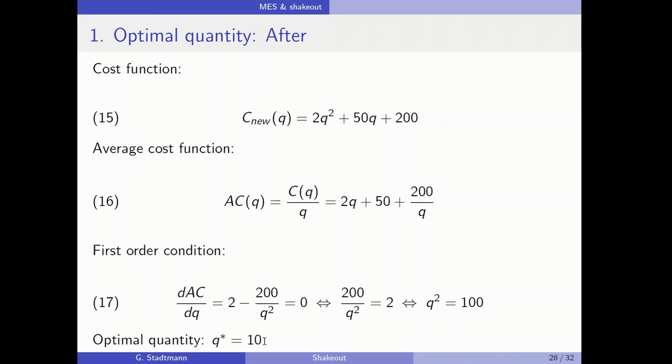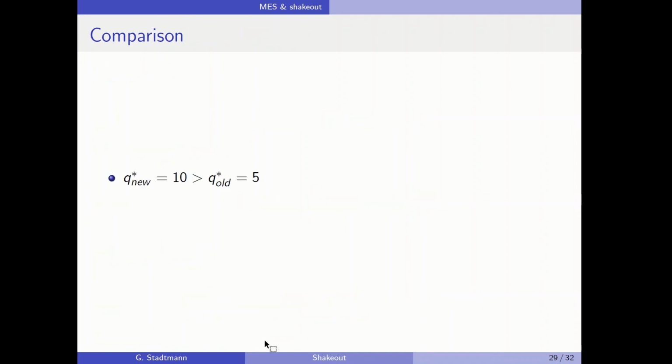It increased from Q star equal to 5 to Q star equal to 10. So each company has to produce a larger amount of output in order to reach the minimum of the average cost. This is mentioned on slide number 29. So the new optimal quantity is larger than the old optimal quantity. The minimum efficient scale has increased.